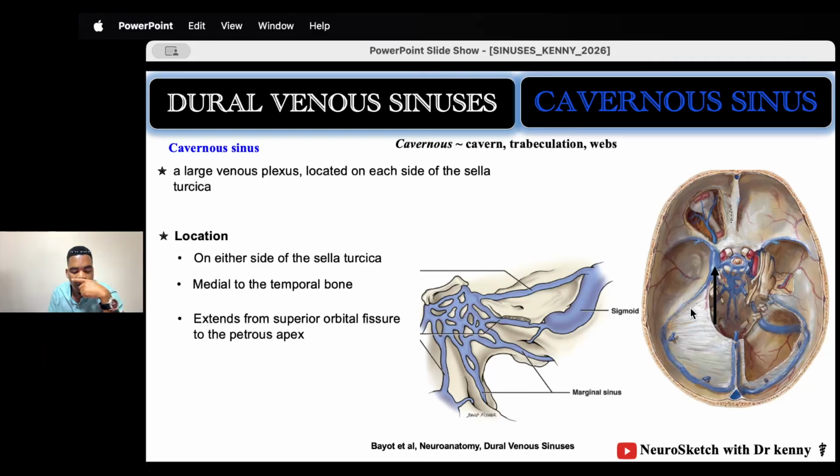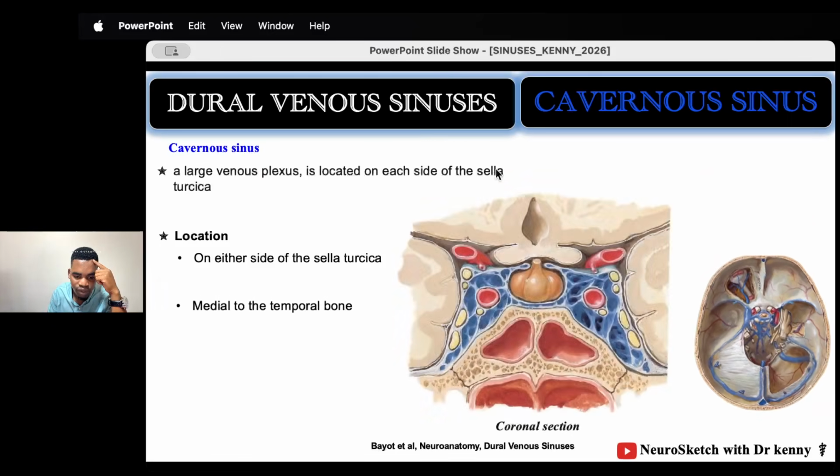Let's see the relationship with the pituitary gland. This is the pituitary gland sitting in the hypophyseal fossa, and this is your cavernous sinus on either side of the pituitary gland, and this is your sphenoid air sinus.